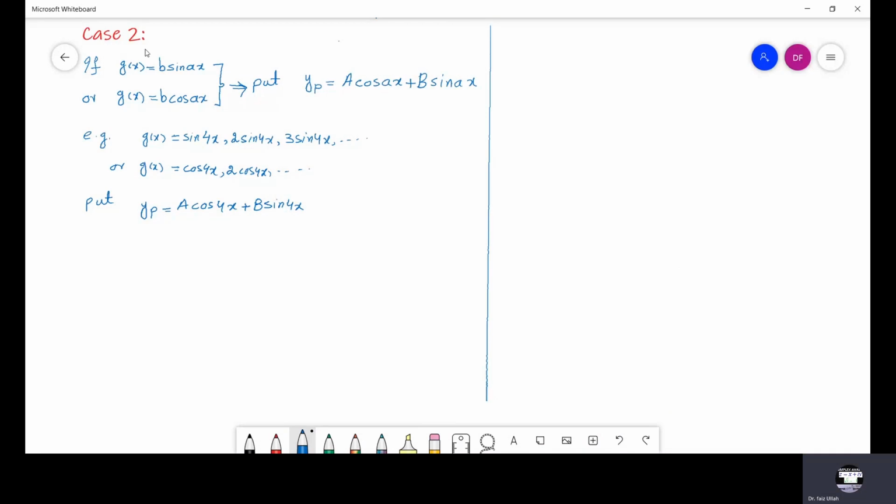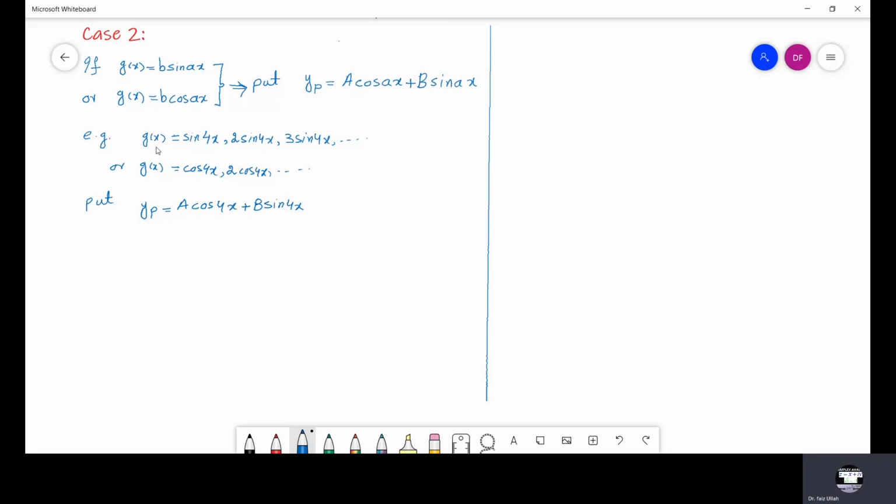Case number 2. If g of x is equal to b sine ax or g of x is equal to b cos ax, where a and b are any real numbers, they may be equal to 1. In both of these cases, we shall put yp is equal to a cos ax plus b sine ax.